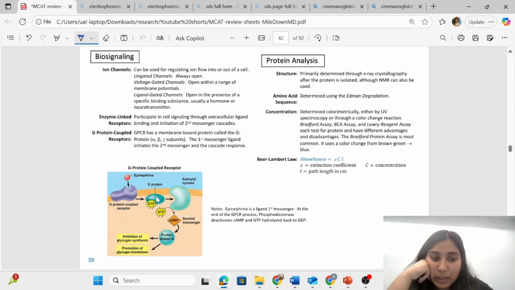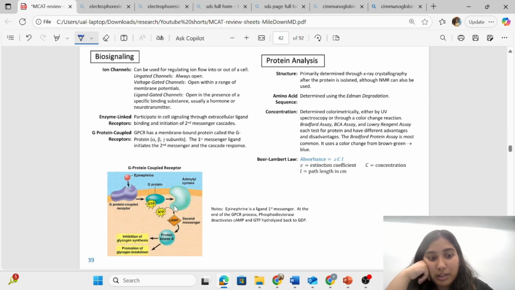This G protein will become active, and then another enzyme, adenylyl cyclase, will convert ATP into cAMP, which is cyclic adenosine monophosphate. So from adenosine triphosphate, it will become cyclic adenosine monophosphate, which is a secondary messenger. And that secondary messenger will then go to a target protein, which is kinase A.